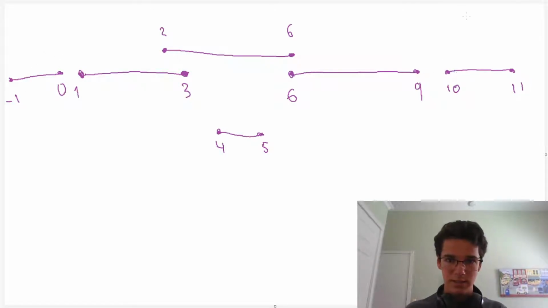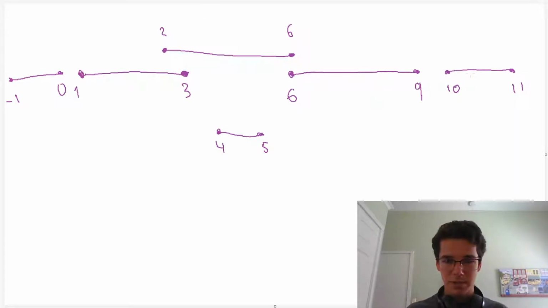Now the other case, which is similar to that, is after having gone through this and merged these properly, if this is our current interval and we see that its first value is greater than our merged interval's last value, then we know we can safely add the merged interval finally, because we've reached a gap, a spot where there's no more merging necessary.